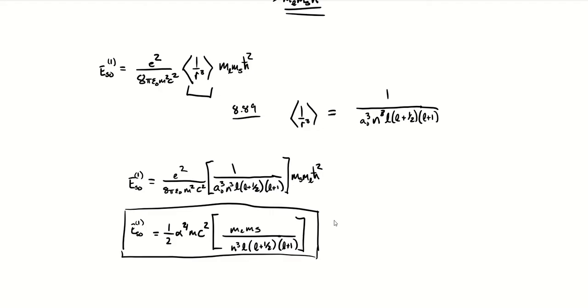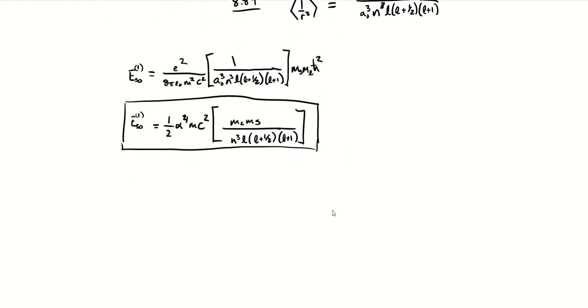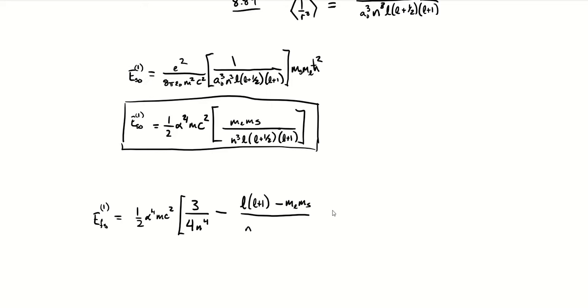When we do it in the high field limit, if we add to that the relativistic fine structure term, the total fine structure correction to our states ends up being 1/2 alpha to the 4 mc squared over 3 times 4n to the 4th minus L plus 1 minus ml ms all over n cubed L plus 1/2 L plus 1.